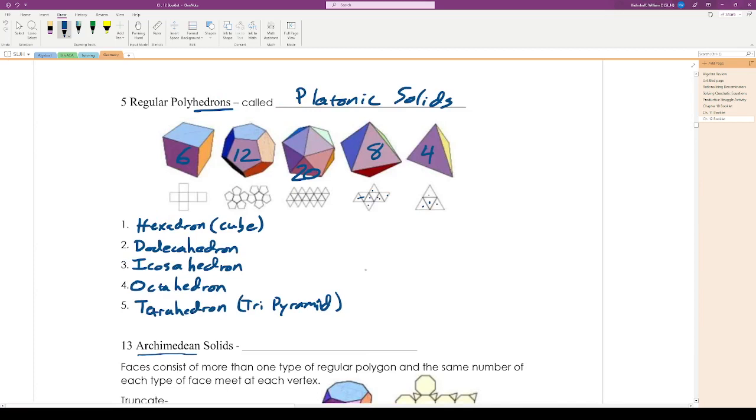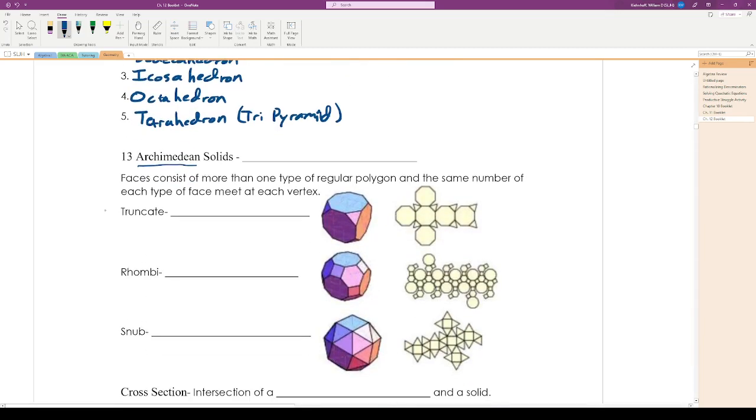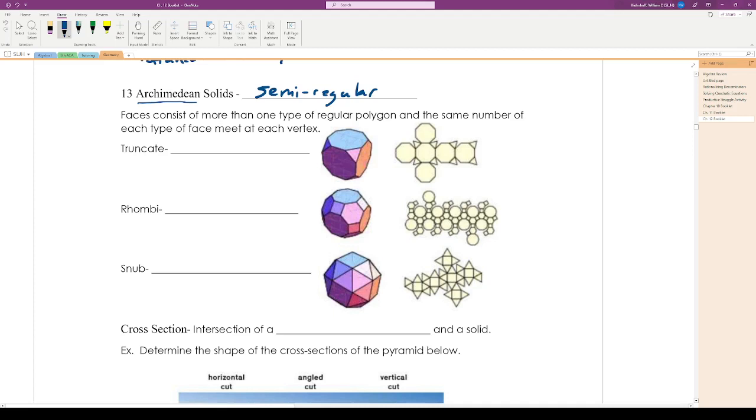So we have these 5 regular polyhedrons, Platonic solids, and then we have these 13 other shapes that are called the Archimedean solids. And these we could think of as being semi-regular. So in Archimedean solids, we have a combination of different shapes, and we have faces that consist of one type of regular polygon, and the same number of each type of face meet at each vertex.